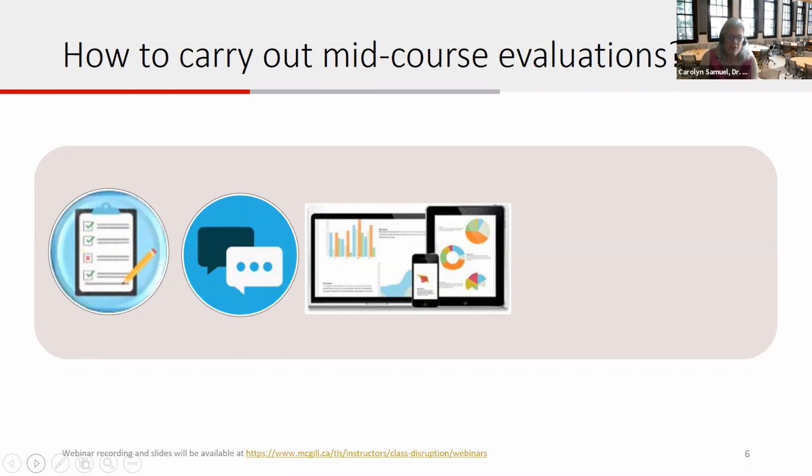Let's take a look at the fourth option. The fourth option would be to give students a 1-minute paper to write. And a 1-minute paper consists of providing students with a question or some prompt that they address in writing. You give them about 60 seconds, 1 minute, to respond to that question or to that prompt. And you can have them submit this through the assignments tool in My Courses.